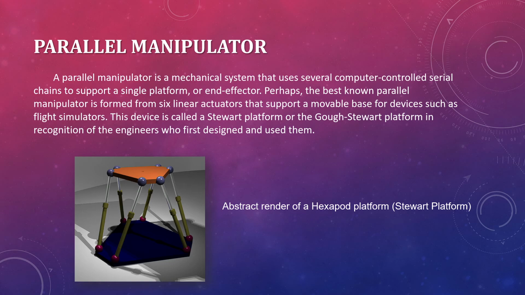Perhaps the best known parallel manipulator is formed from 6 linear actuators that support a movable base for a device such as a flight simulator. This device is called a Stewart platform, or the Gough-Stewart platform, in recognition of the engineers who first designed and used them.